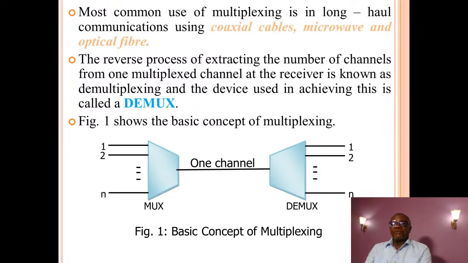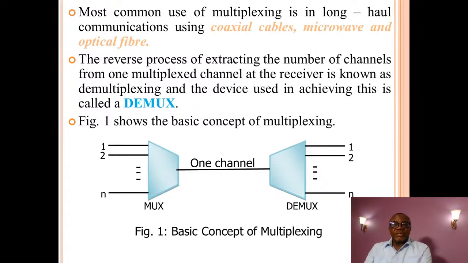But if you are going to transmit for a long distance where you will have repeaters along the line before you get to the destination, you call such long haul communication. So that is the meaning of long haul.